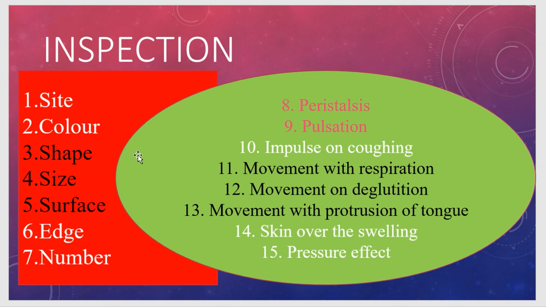right? So it is very easy to remember the inspection subheadings: the site where the swelling is located, the color of the swelling, so site and color, then shape, size, surface, then edge, number, peristalsis, pulsation, impulse on coughing, 3 movements with respiration, on deglutition, and with protrusion of tongue, and skin over the swelling.